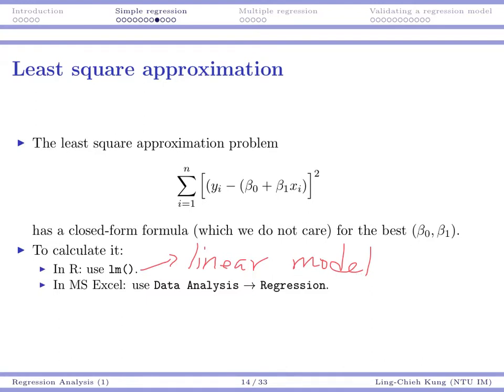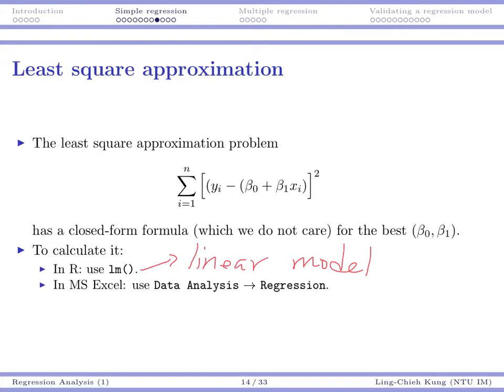It's not very easy to explain to you why we are calling this function linear model, because this is somewhat advanced. But anyway, simply memorize its name, lm, linear model. Or if you are using Excel, we need to open the add-on Data Analysis and then use that particular function, regression. We will provide you a document about how to activate your data analysis.